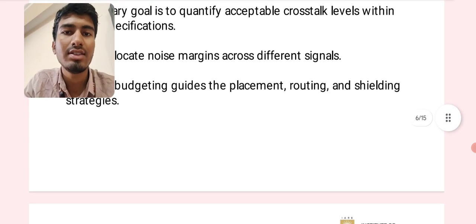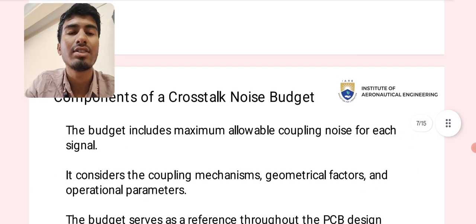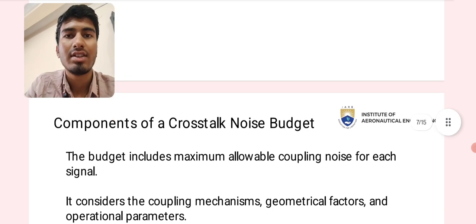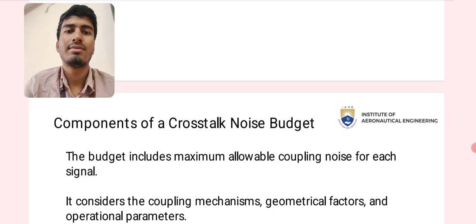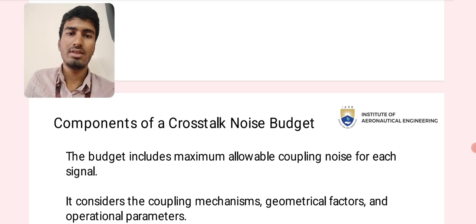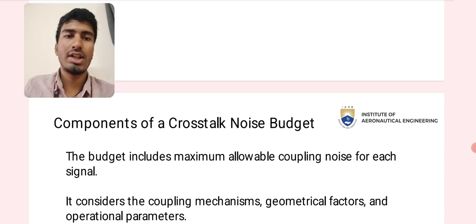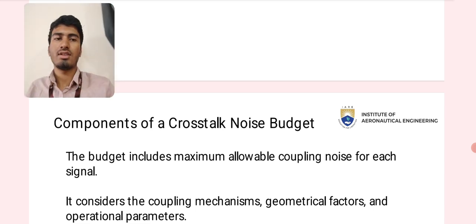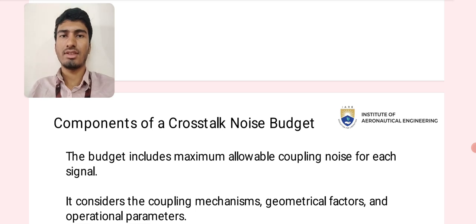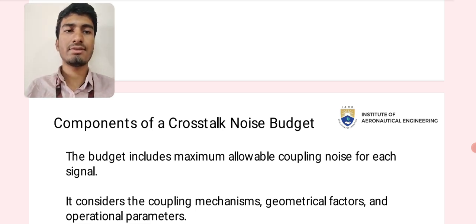Next, components of the crosstalk noise budget. The budget includes the maximum allowable coupling noise for each signal, meaning the maximum noise that can be compensated for each signal.